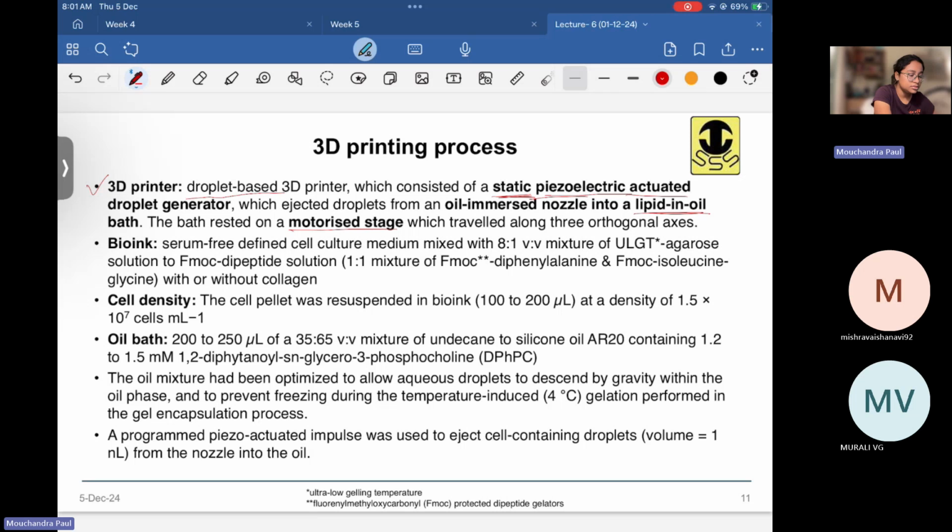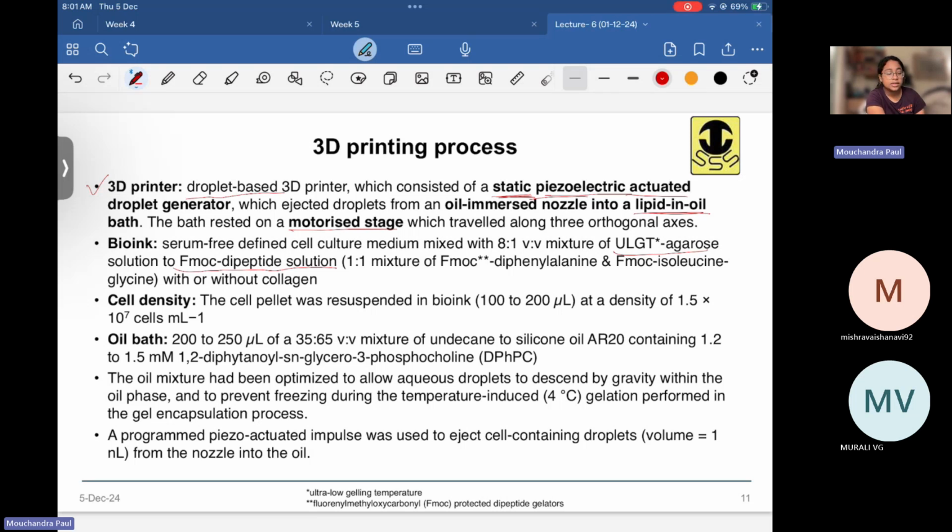So they used agarose. They used ultra low gelling temperature agarose, and this agarose was mixed with FMOC dipeptide solution. So these are basically dipeptides.